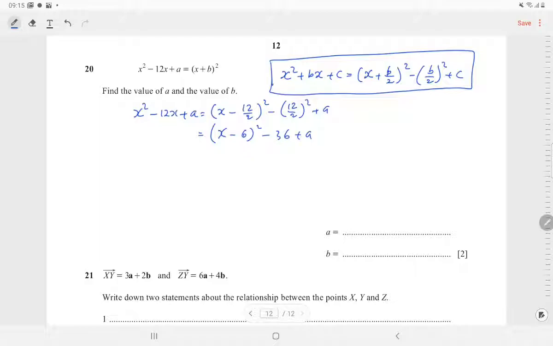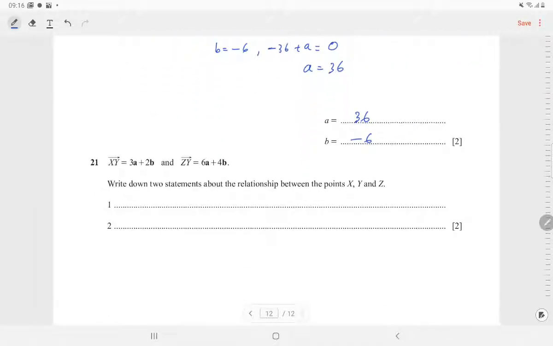Because this is equal to x plus b squared, we have b equal to negative 6, and negative 36 plus a equal to 0. So a equal to 36, and b is negative 6.